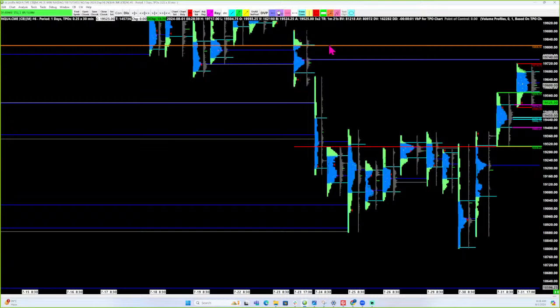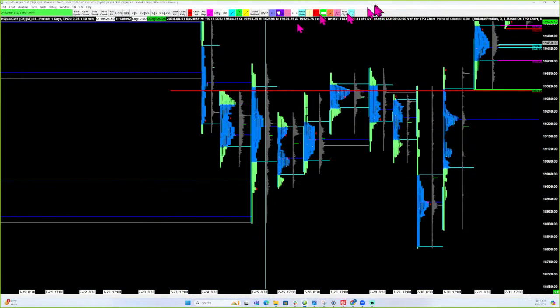So that area, let's mark it off so we have it. It looks like this. This was the day that we fell apart. Let me make sure I have this right. Okay, so this was the overnight. I have to spread that out to actually see it. Hold on, I'll do it right.